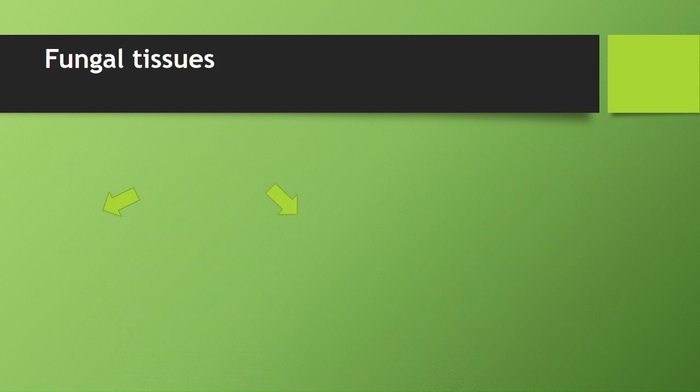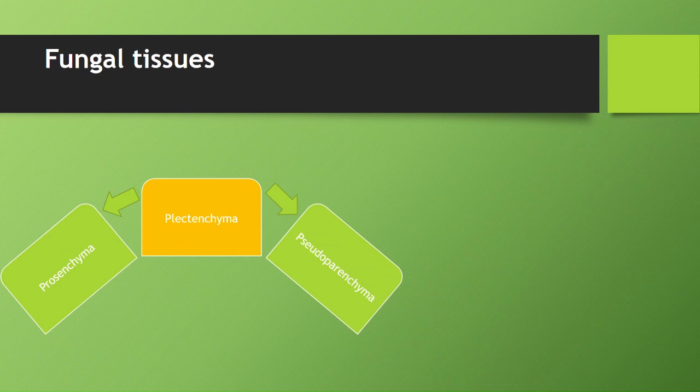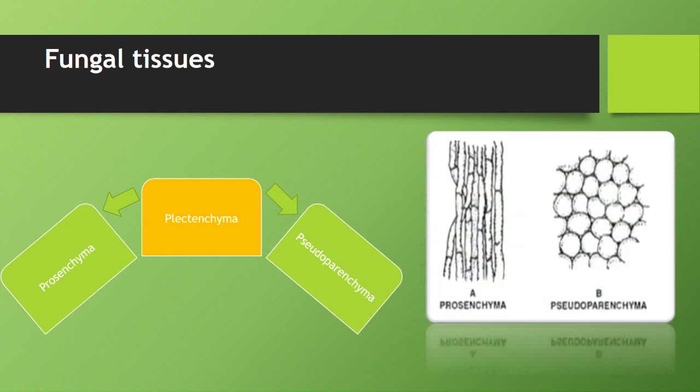Coming to the fungal tissues. Fungal tissue is actually a pseudotissue and is known as plectenchyma. Fungal tissue can be divided into prosenchyma and pseudoparenchyma. Prosenchyma is the one in which the mycelial threads are loosely arranged and can be seen, or somewhat differentiated.